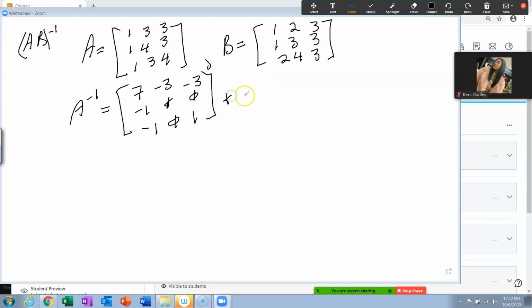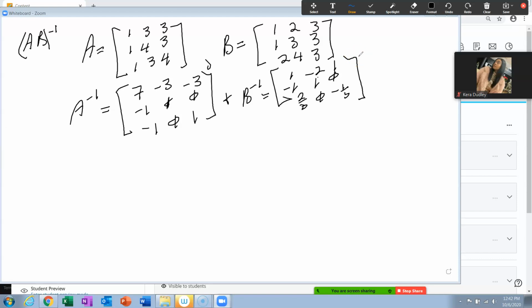And that B inverse is equal to 1, negative 2, 1, negative 1, 1, 0, and 2/3, 0, negative 1/3. Okay. Wow. Almost took me 3 minutes just to write that down.